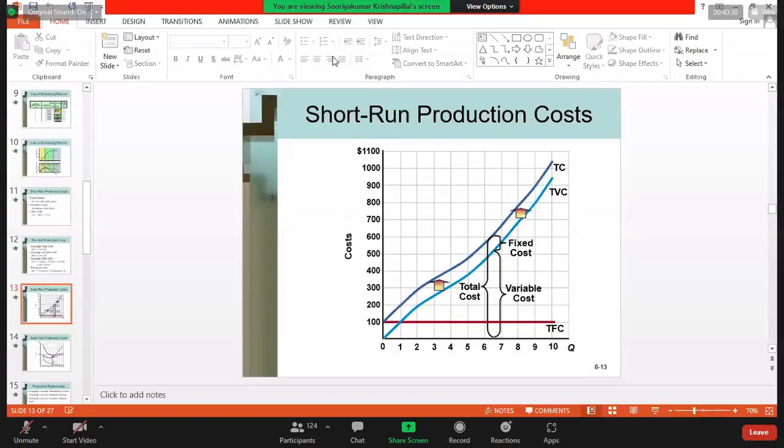In the short run, there is a fixed input. So that is the reason marginal product initially increases then decreases. If we have machinery, that is a fixed input. If we use one labor, then he has enough time to use that machinery, but he has to do all the work in the machinery.